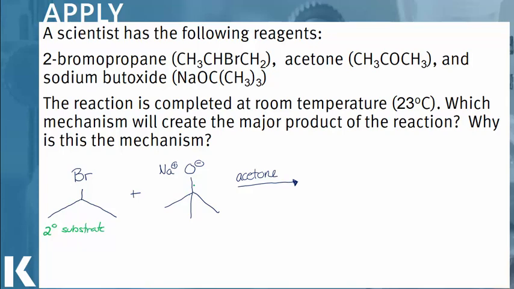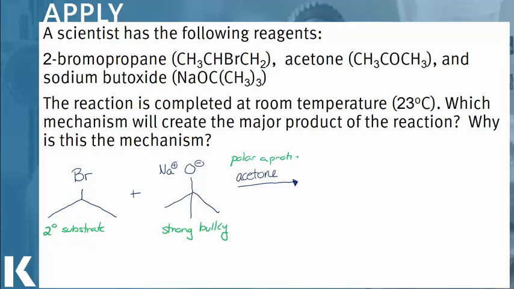As our base, here we have this sodium butoxide. This is a very strong base, and it's also very bulky. And for our solvent, we have acetone, and this is a polar aprotic solvent.